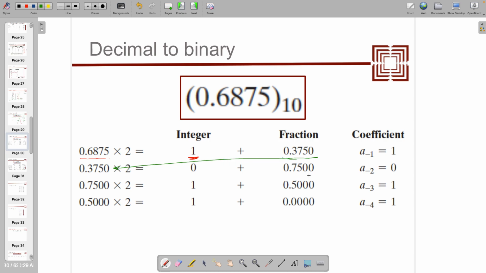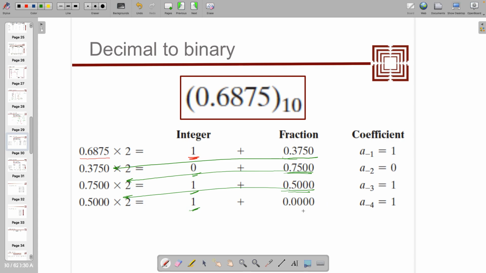That's going to give you 0.750. It does not have any integer, so it's placed as 0. 0 plus 0.750. This is again going to be multiplied by 2. That's going to give me 1.5. So 1 plus 0.5. This 0.5 will be multiplied by 2, so that's going to give me 1.00.